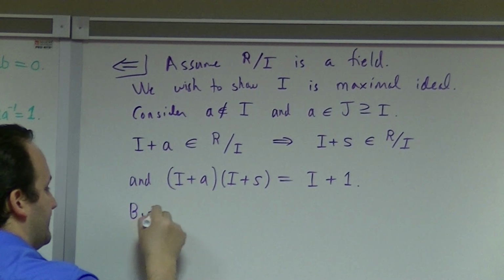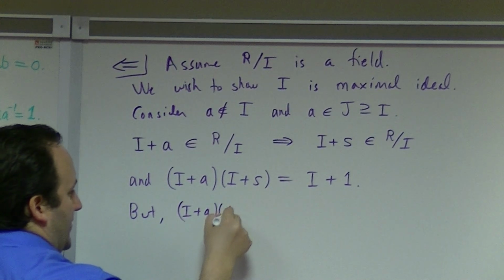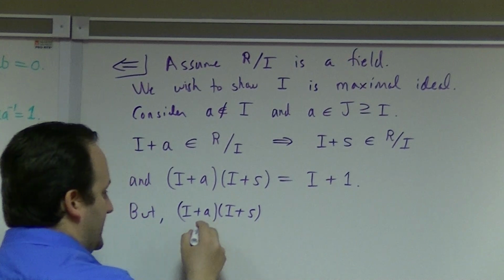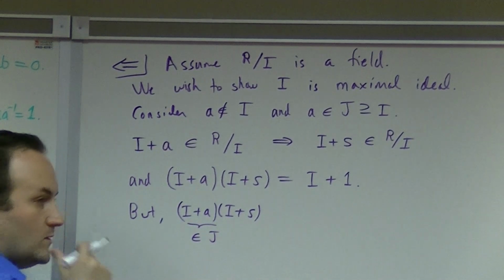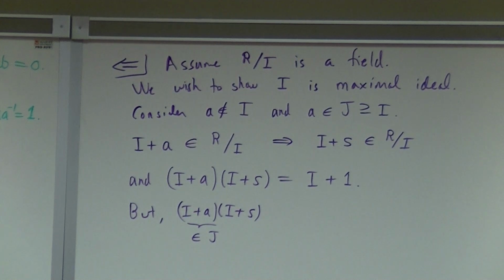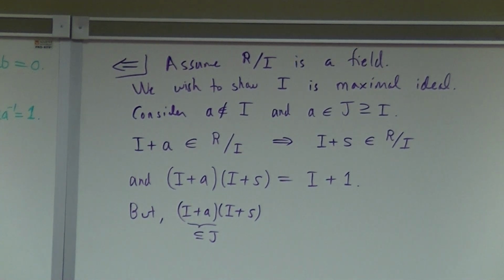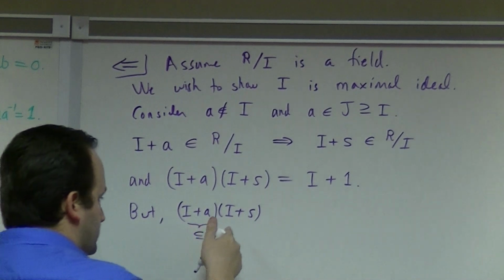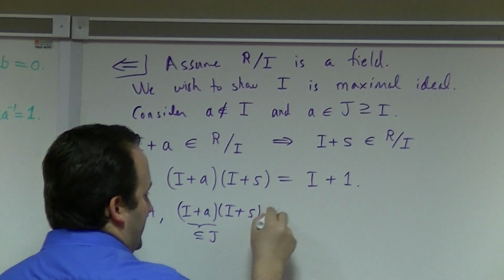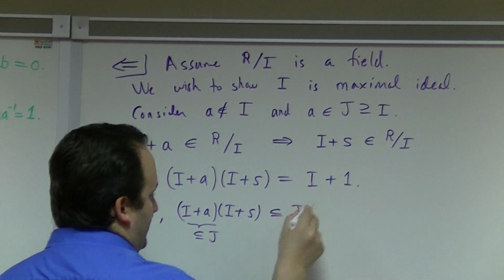But I plus A times I plus S, now this is an element of the ring J, right? Because J contains A. So if you think about it, anything in there has to be an element of J. I should really say this is a subset of J. This ideal J contains everything in there, and so this has to be a subset of J, right?